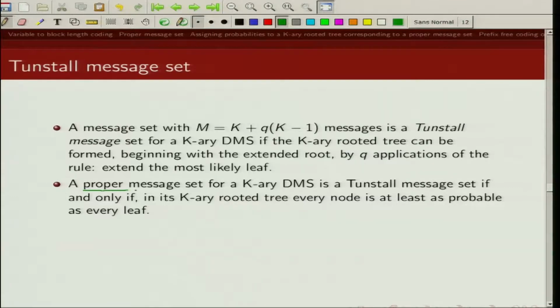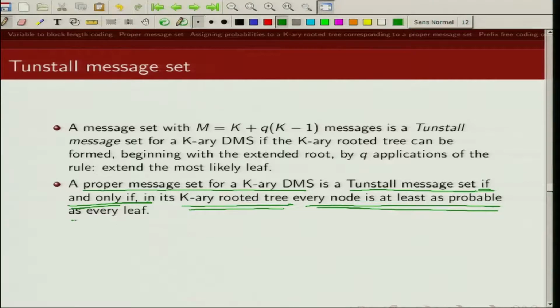So a proper message set of a k-ary discrete memoryless source is a Tunstall message set if and only if in its k-ary rooted tree every node is at least as probable as its leaf. Why would every node be at least as probable as every leaf?